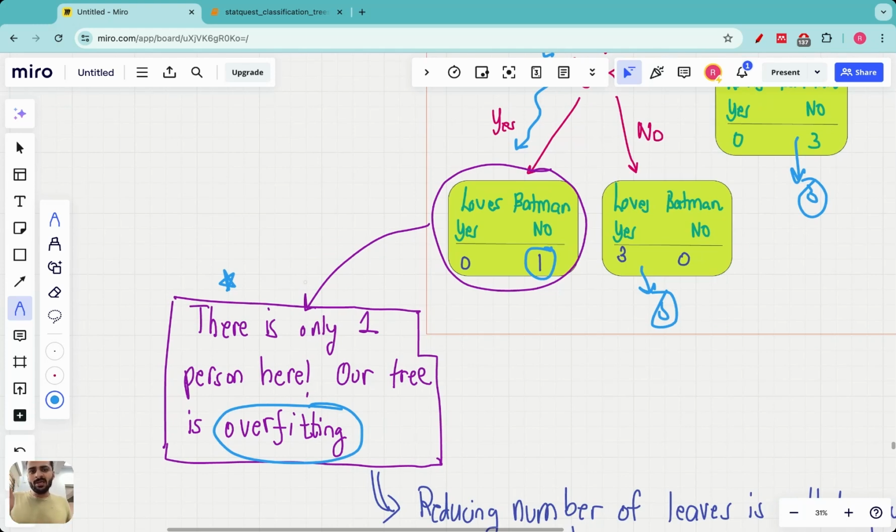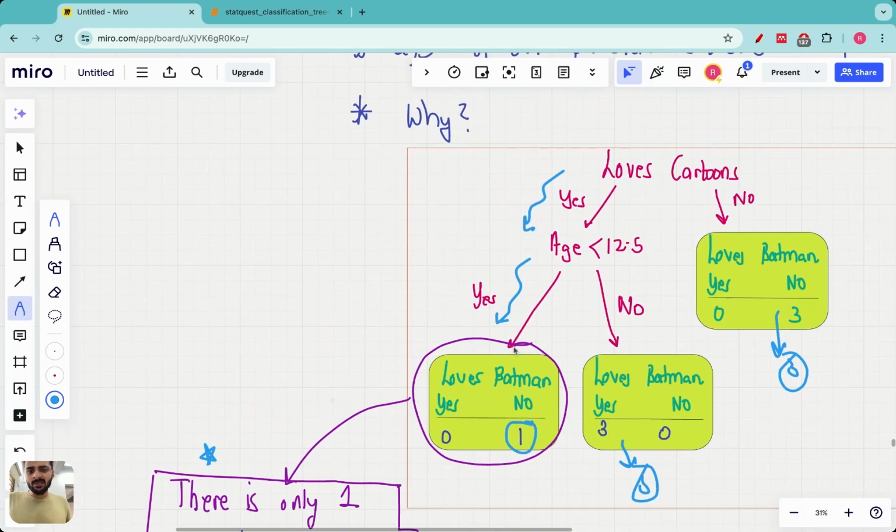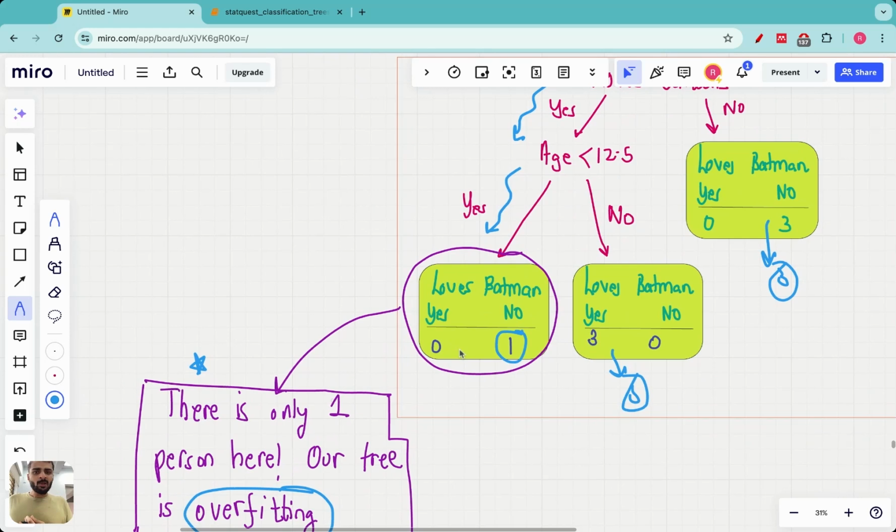Just based on one data point, we cannot construct a whole new branch here. We might be doing well on the training data, but due to overfitting, we are not doing very well on the testing data at all. And the main purpose of any machine learning model, as we have seen multiple times before, is not just to do well on the training data, but also to generalize well and to do well on the testing data as well.